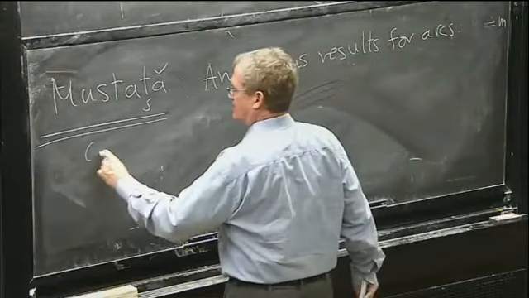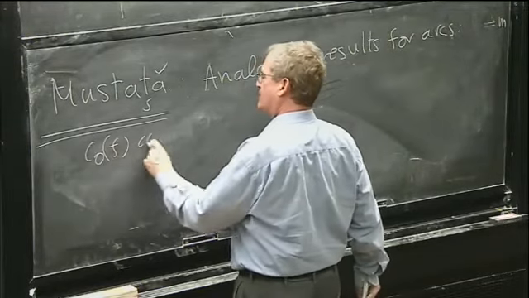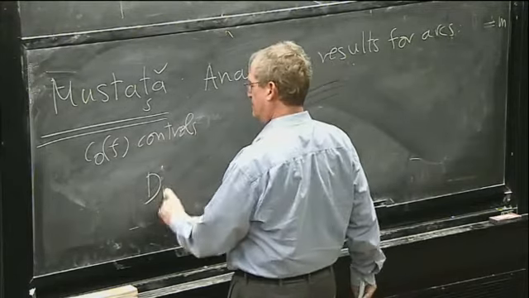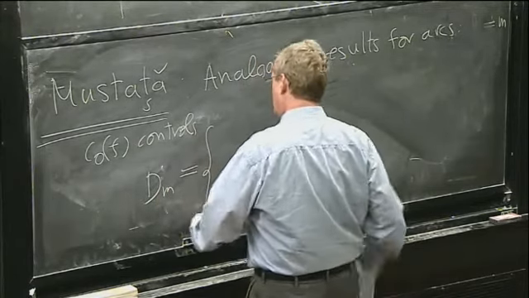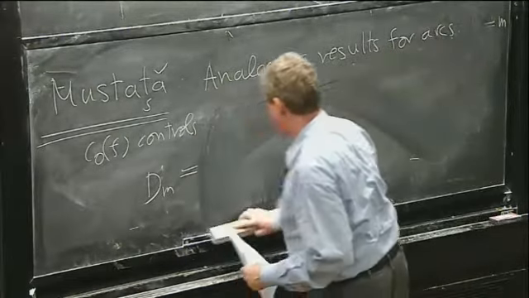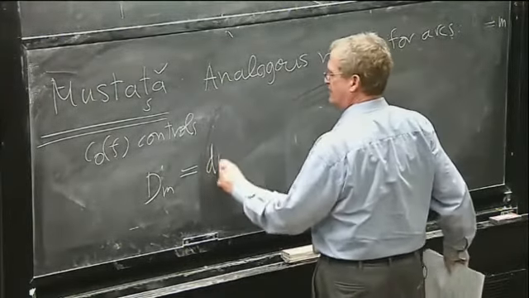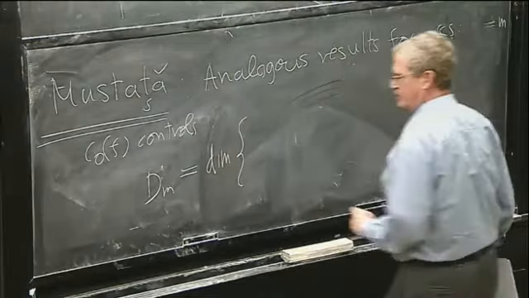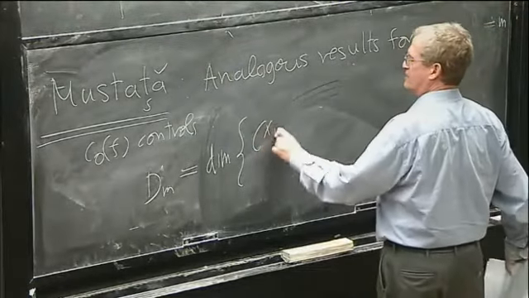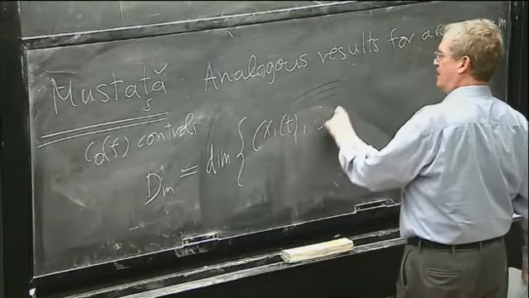So the claim is that this controls. What you're going to do is, I'm going to look at d of m, which is going to be the dimension of this. Instead of looking at solutions mod p to the m, I want to look at truncated power series solutions to my polynomials.